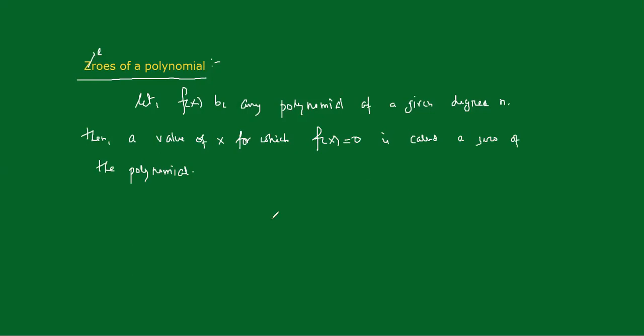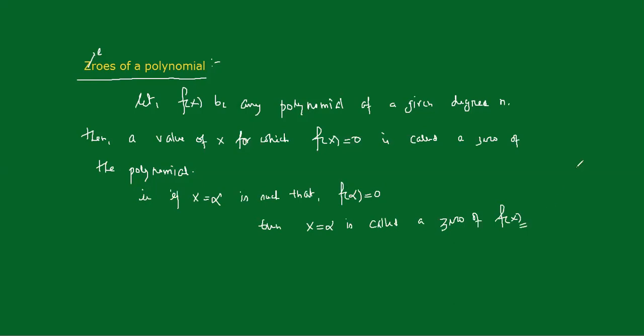So I'll make it more explicit. That is, if x equal to alpha is such that when I find the value of f(alpha), you get 0, then x equal to alpha is called a zero of f(x).